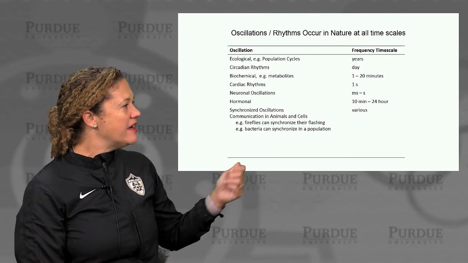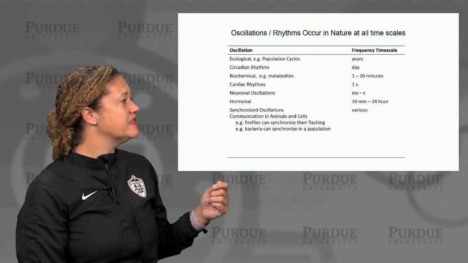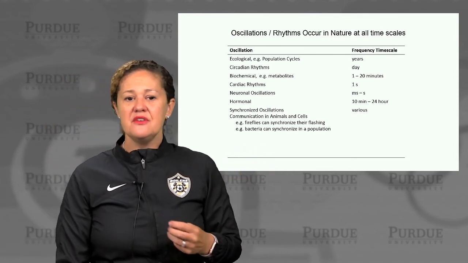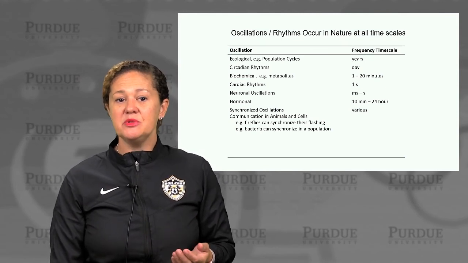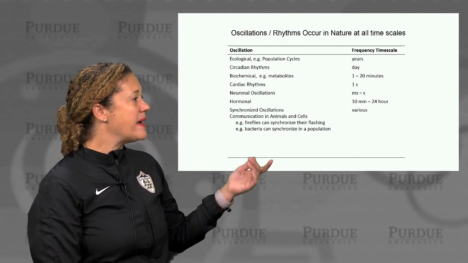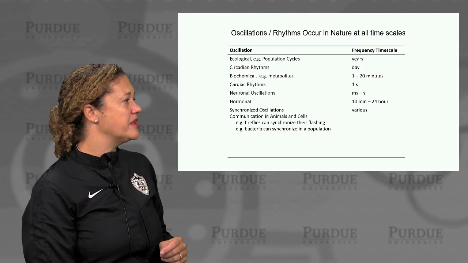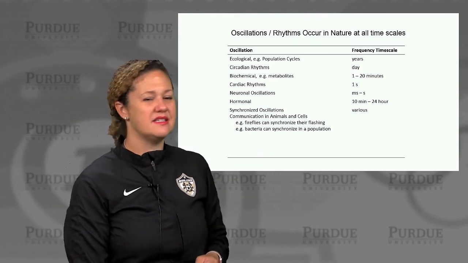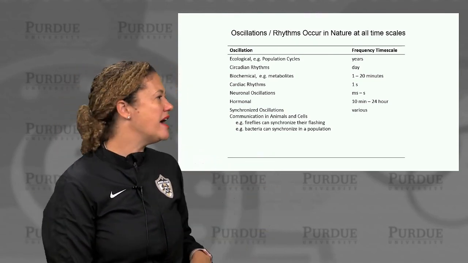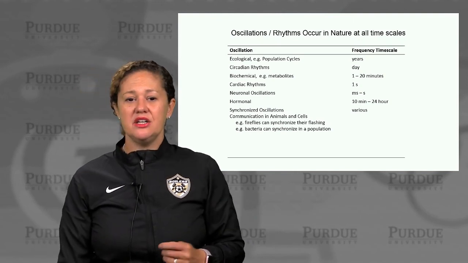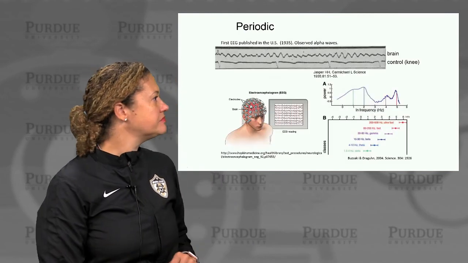And you can also have, interestingly, a range of synchronized oscillations via communication in animals as well as cells. Bacteria can synchronize within a population. Fireflies can synchronize their flashing. You have synchronized oscillations in neurons in your brain even.